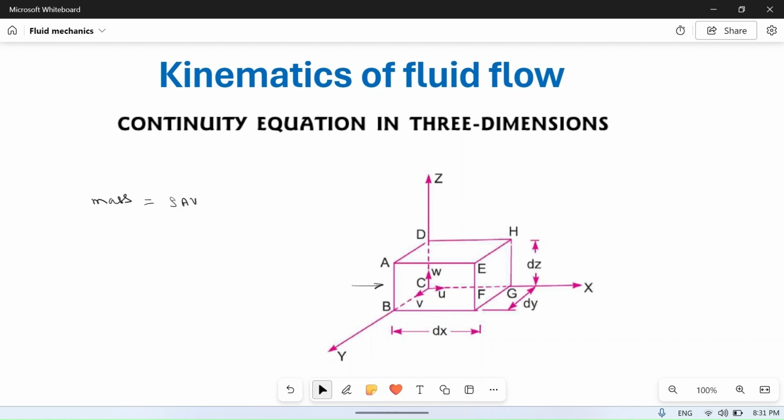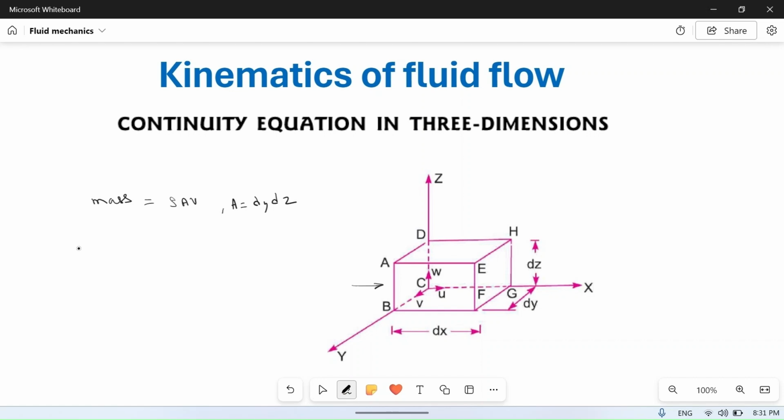In the x direction, what is the area? The area of the face ABCD has this length, which is dy, and this length, which is dz. So the area is dy dz.